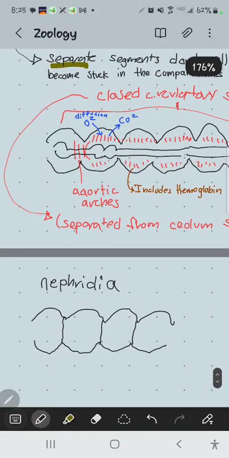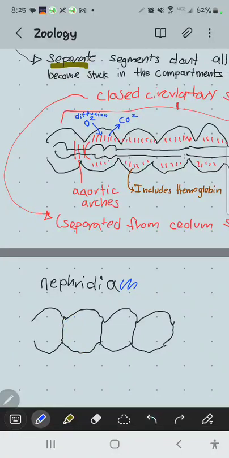And the nephridia are, let's see if I can get this right, these little hairpin loop-like structures, and there's a pair of them at every segment. So it looks something like this. It's kind of like a trumpet or a horn.